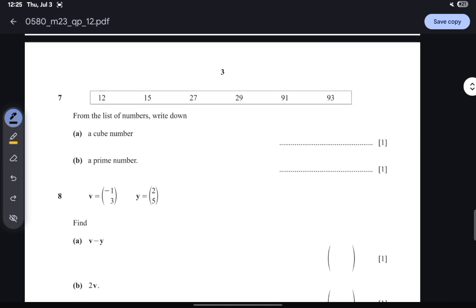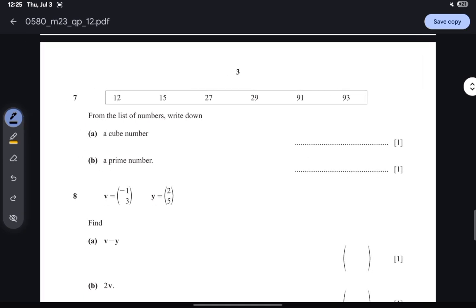Then moving on to number 7, we're given a list of numbers 12, 15, 27, 29, 91, and 93. From the list of numbers, write down a cube number and a prime number. So first of all, you might want to know what a cube number is.